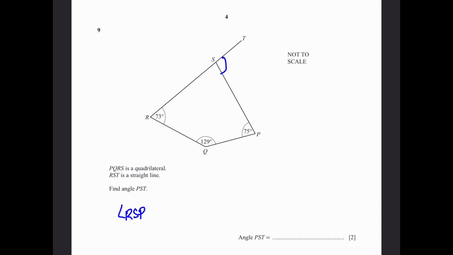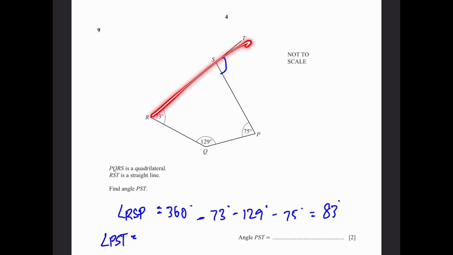Angle RSP will be 360 minus these three angles, which are 73, 129, and 75 degrees respectively. That's equal to, if you calculate it correctly, 83 degrees. And angle PST is equal to, because it's on a straight line with angle RSP, 180 degrees minus 83 degrees. Why? Angles on a straight line add up to 180 degrees. It's mentioned RST is a straight line, by the way.